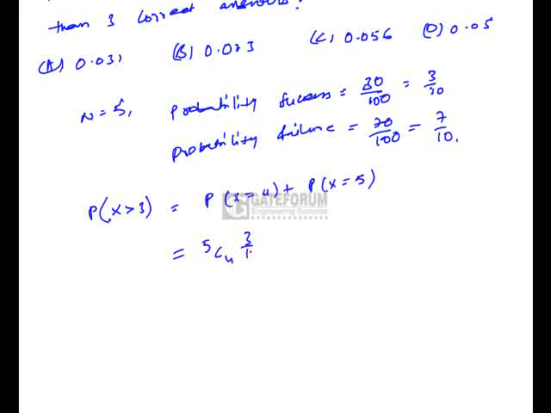P is probability of success, 3 by 10, r is 4, the q is 7 by 10, power n minus r, 5 minus 4 which is 1, plus 5C5, here r is equal to 5, 5C5 into p power r, p is 3 by 10, r is 5, and q is 7 by 10 whole power n minus r, 5 minus 5 which is 0.